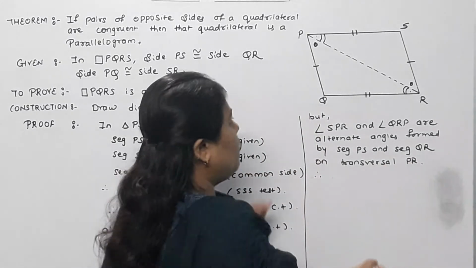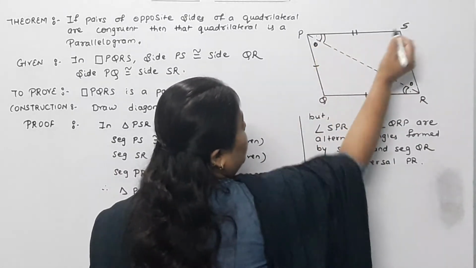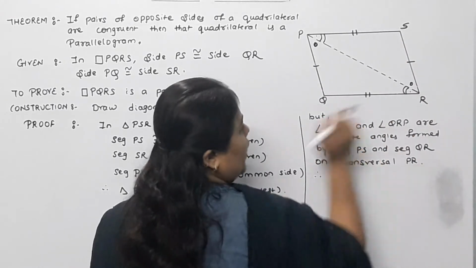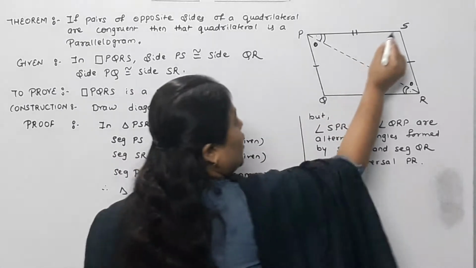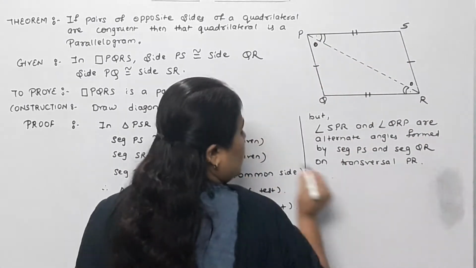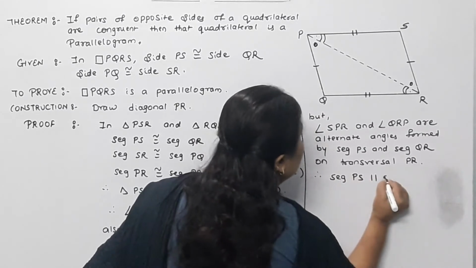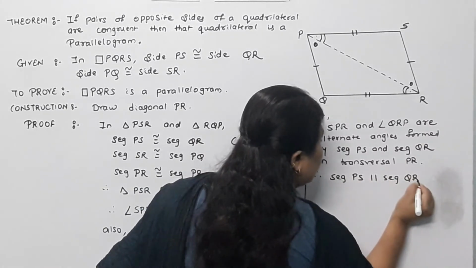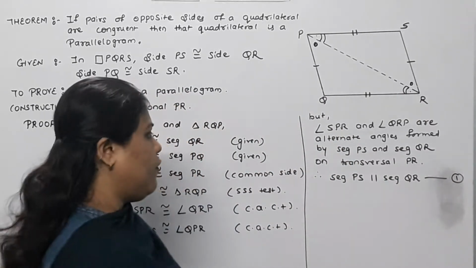Therefore, if you see here, these two angles are formed with the help of sides PS and QR on transversal PR. It means, if they are forming a Z over here, then seg PS is parallel to seg QR. That will be your equation 1, by the alternate angle test for parallel lines.